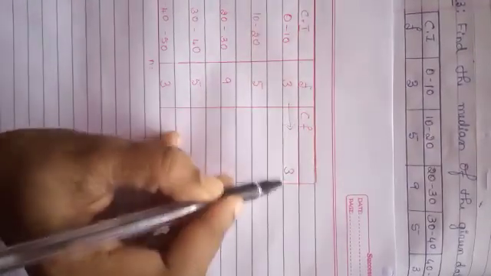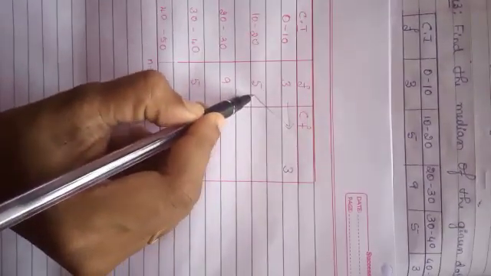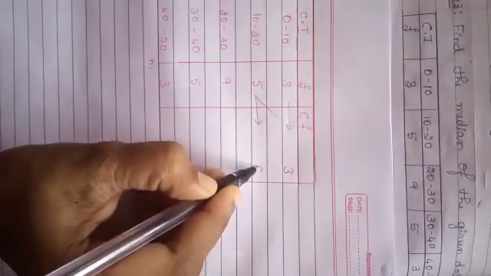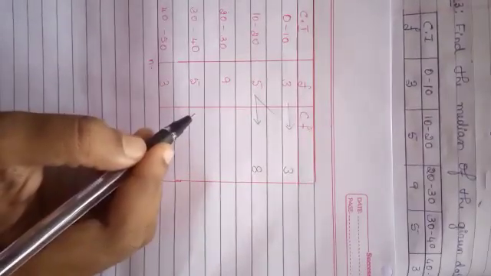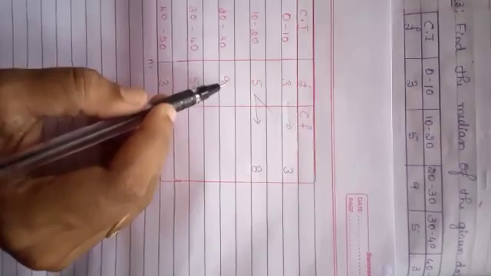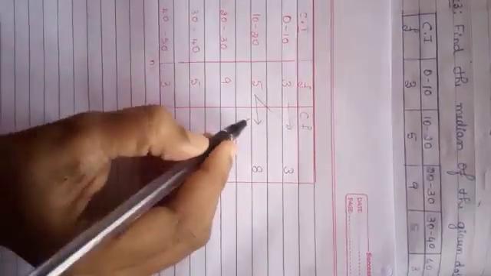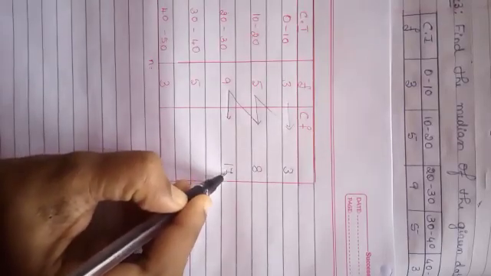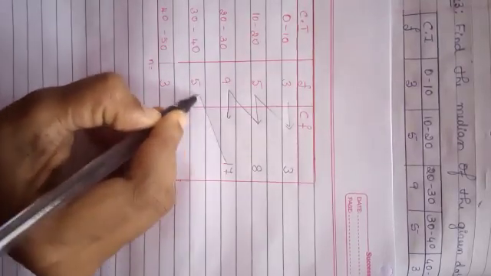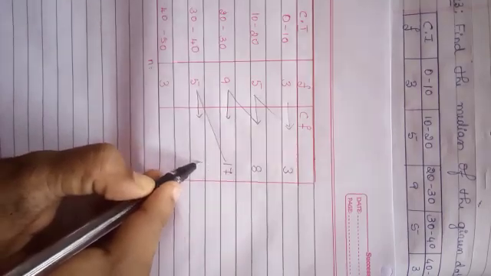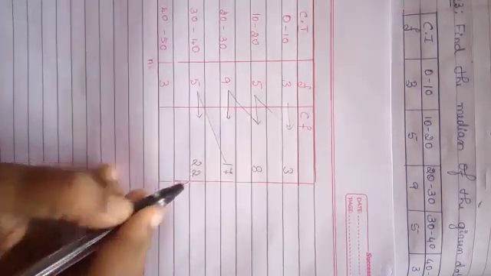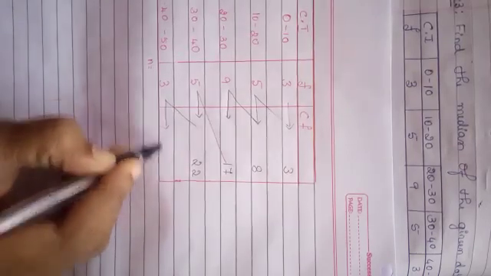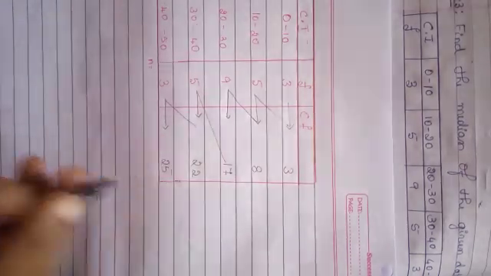In the next one, for this 3 we add the next frequency, 3 plus 5, total 8. For this 8 we add 9, 8 plus 9, 17. 17 plus 5, 22. 22 plus 3, 25.